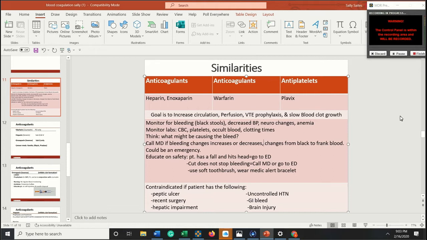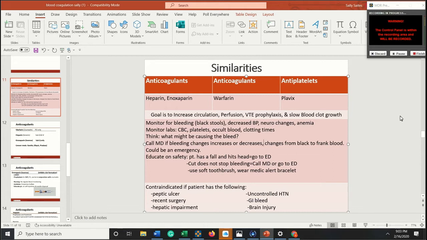Okay, so we need to monitor for bleeding. We can monitor for bleeding in many different ways. You can use your labs, you can use your blood pressure, you can use your heart rate. Your blood pressure is going to drop, your heart rate is going to increase, your respiratory rate is going to increase. If you have an upper GI bleed, you're going to have black stools because by the time it comes out of your rectum, it is old blood.